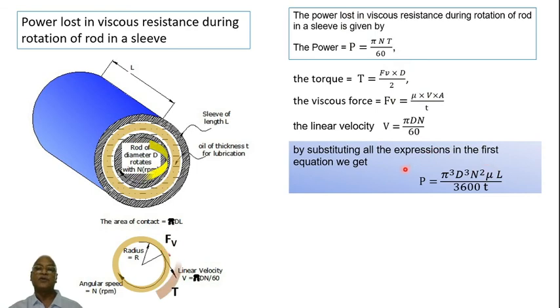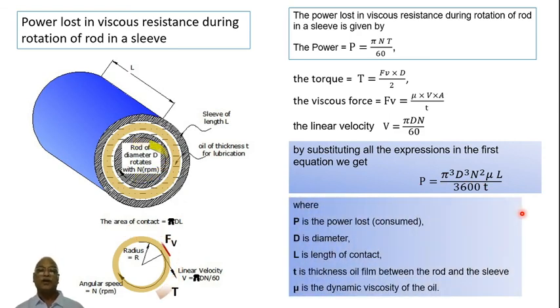It is only one equation which relates everything with the power lost. D is the diameter of the rod, N is the RPM with which it is moving, mu is the lubricating liquid dynamic viscosity, L is the length of the sleeve, T is the thickness of the oil film, or whatever gap there is here.